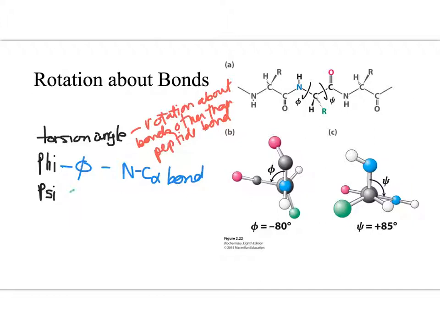And then our psi is going to give us information about our alpha carbon to the carbon of the carboxylic acid bond. Now the phi and psi angles will ultimately determine the path of the chain that we have.